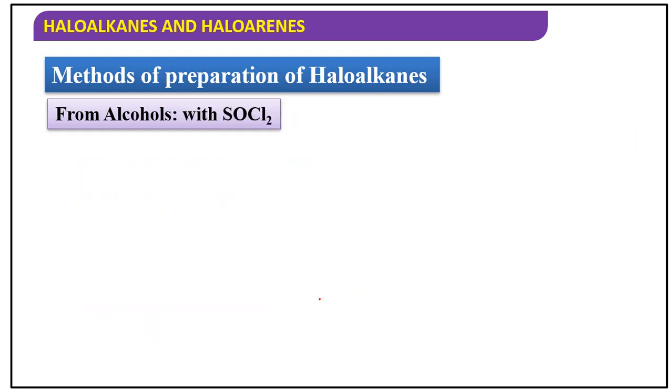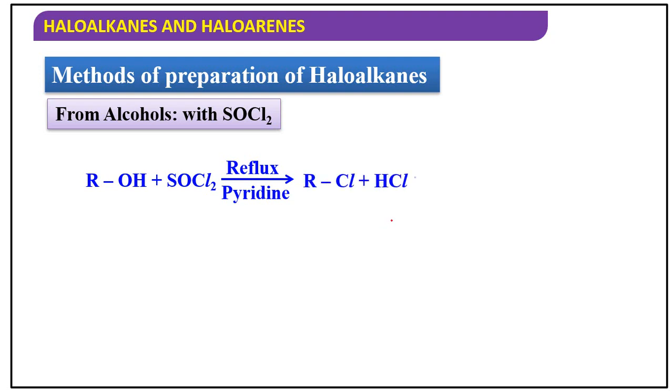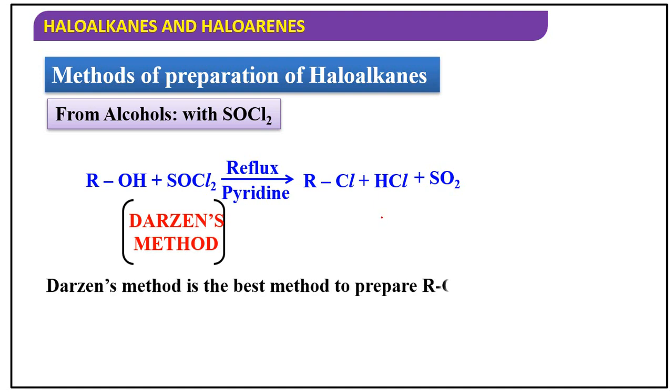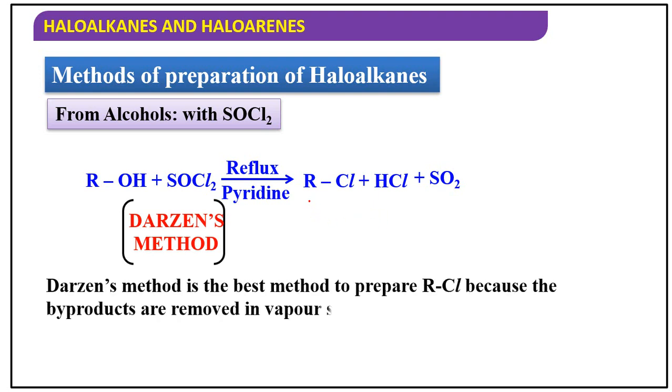Next, from alcohol we can make haloalkanes using different reagents. One of the most important reagents is SOCl2. Some more reagents are PCl5 and PCl3, which we even discussed. The main feature of SOCl2 is that we can prepare pure haloalkanes by this method.